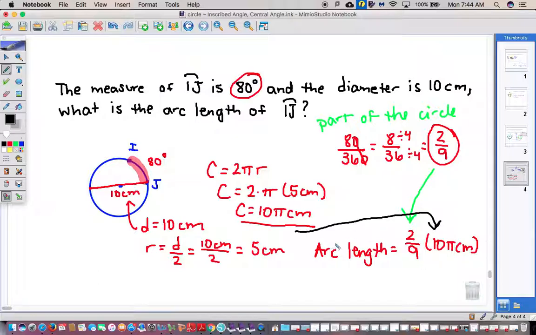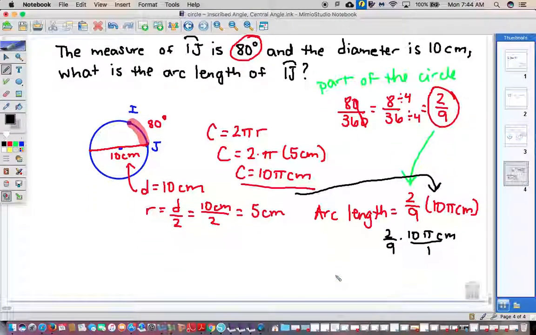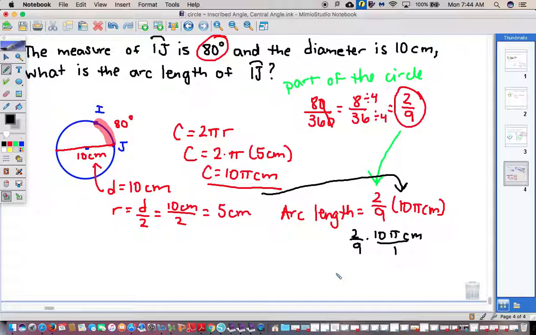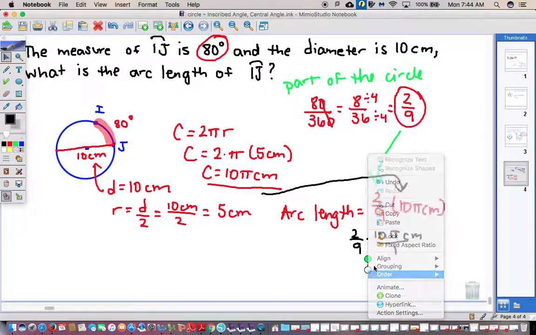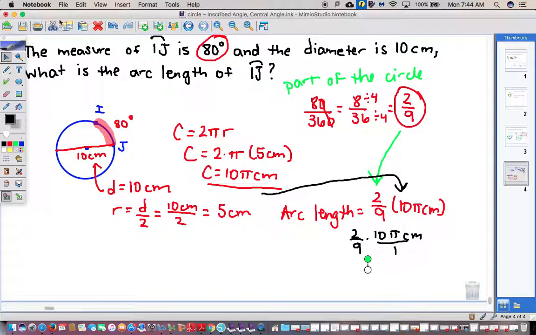Okay, so if I do the math here, I can say 2/9 times 10 pi centimeters, put this over 1, is going to be 20 pi over 9 centimeters, since 2 times 10 is 20.